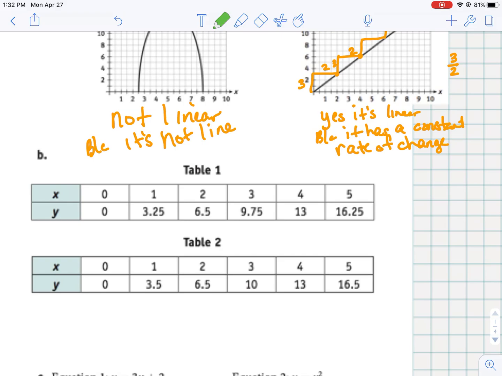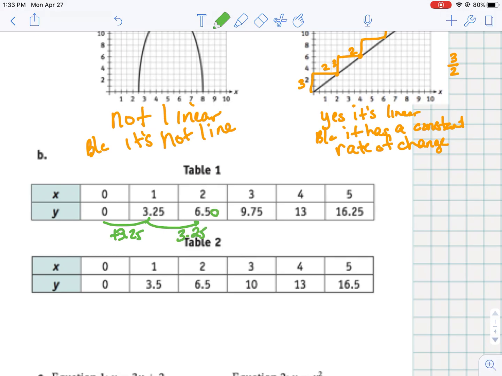So is it going up by the same amount every single time? If I look here to go from 0 to 3.25, it went up 3.25. Now I've got to go from 3.25 to 6.5. And again, probably the easiest way to think about this is money. I'm going from $3.25 to $6.50. So if we want to put a 0 on there at the end, what did we add?